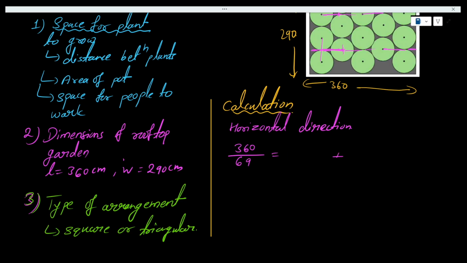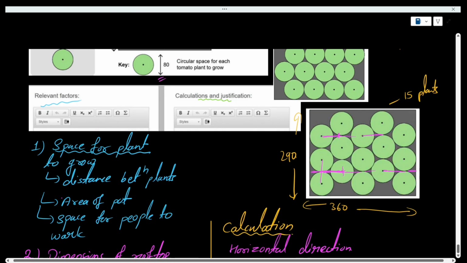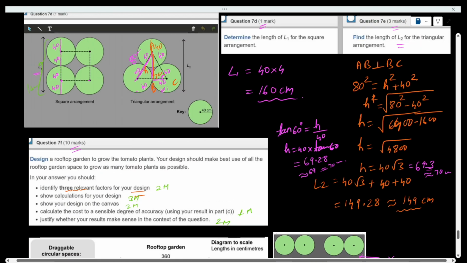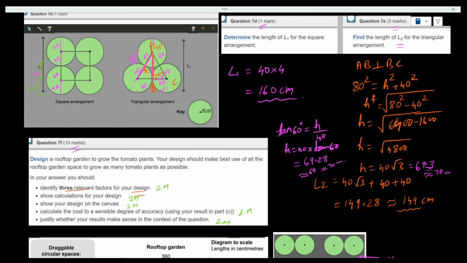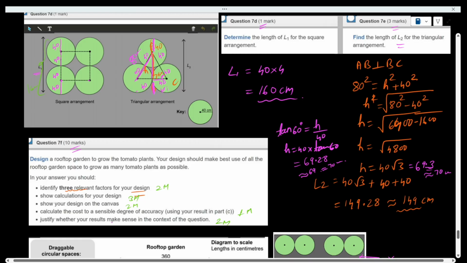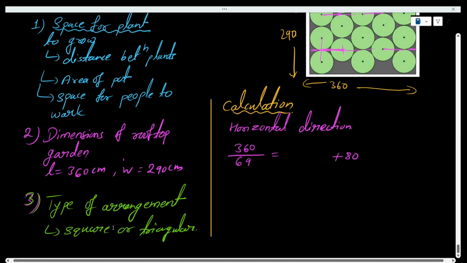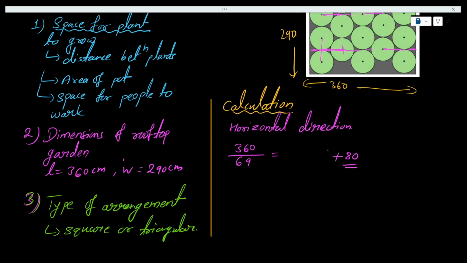But I need to add 80, because in this arrangement the extra 80 was at the top and bottom, right? The middle part was 69. So whatever I do, I have to add 80, and then you can multiply 69 by 4, because it will go 4 times.